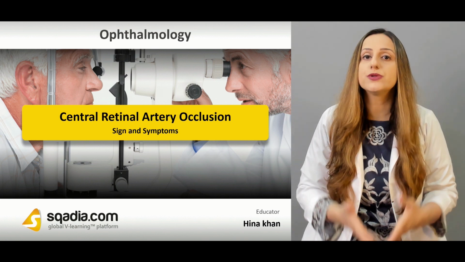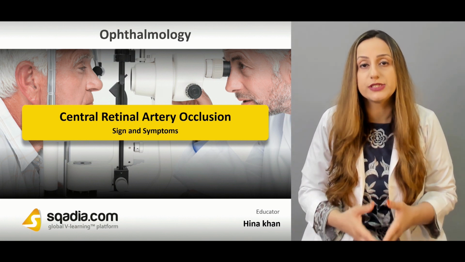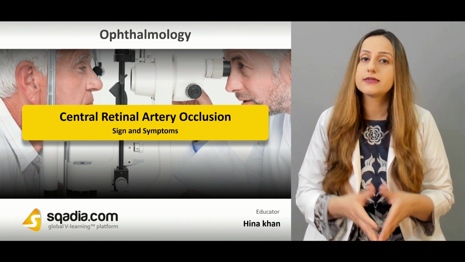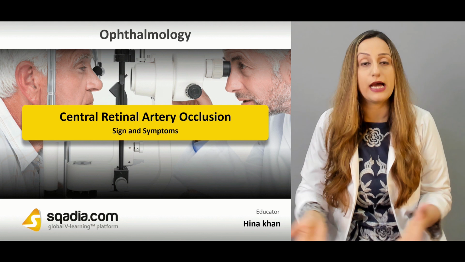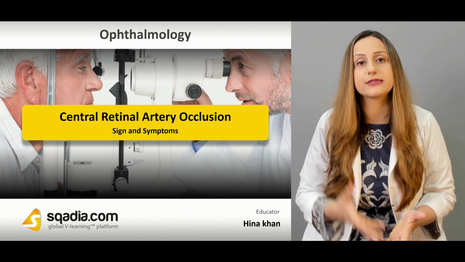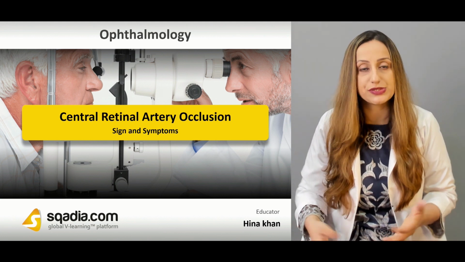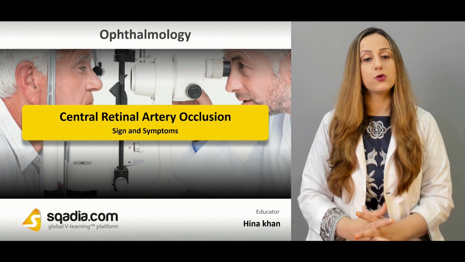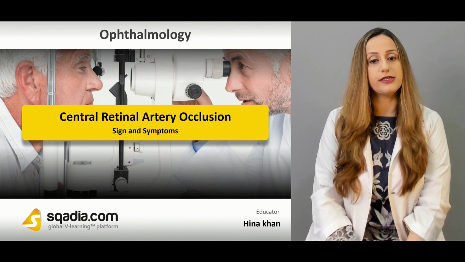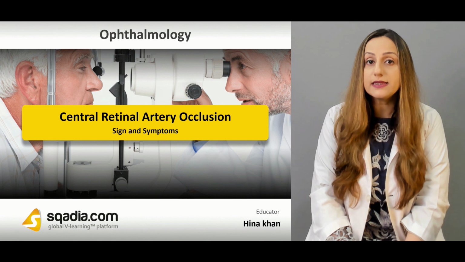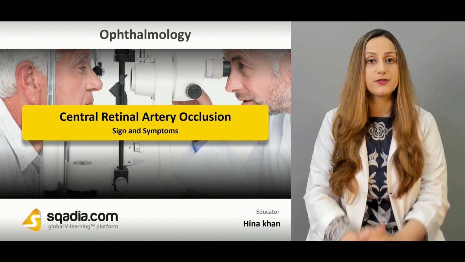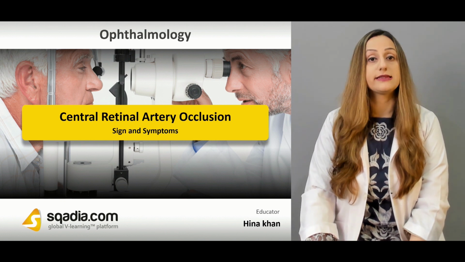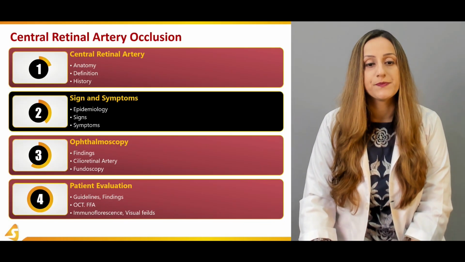The central retinal artery is going to be occluded in this case, and it is going to present as sudden painless loss of vision, either unilaterally or bilaterally, and mostly it is unilateral in its origin. So these are some of the causative factors, and some of the signs and symptoms that we have to be aware of when we have a patient with sudden painless loss of vision unilaterally.